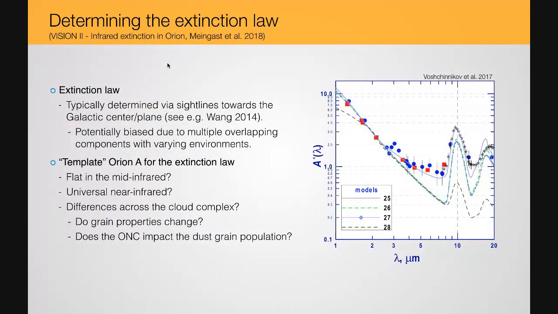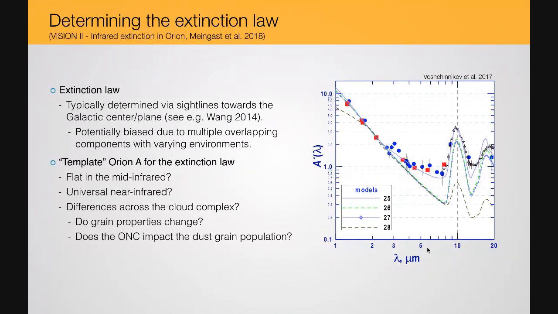Good. So the project that we were looking into was determining properties and characteristics of the infrared extinction law, actually. The idea behind this was that when you look into literature results on determination of the extinction law, so the amount of extinction as a function of wavelength, most of these studies actually use sightlines toward the galactic center or the galactic plane.